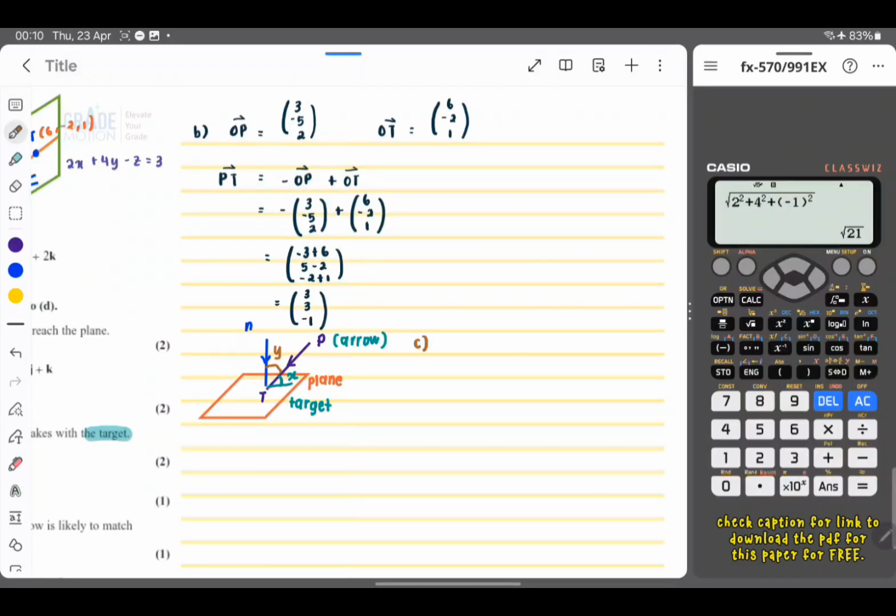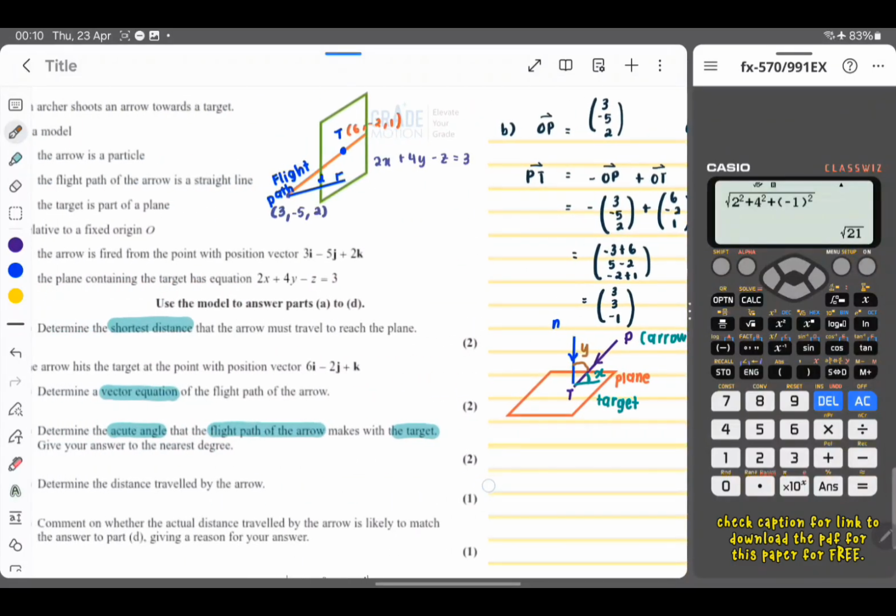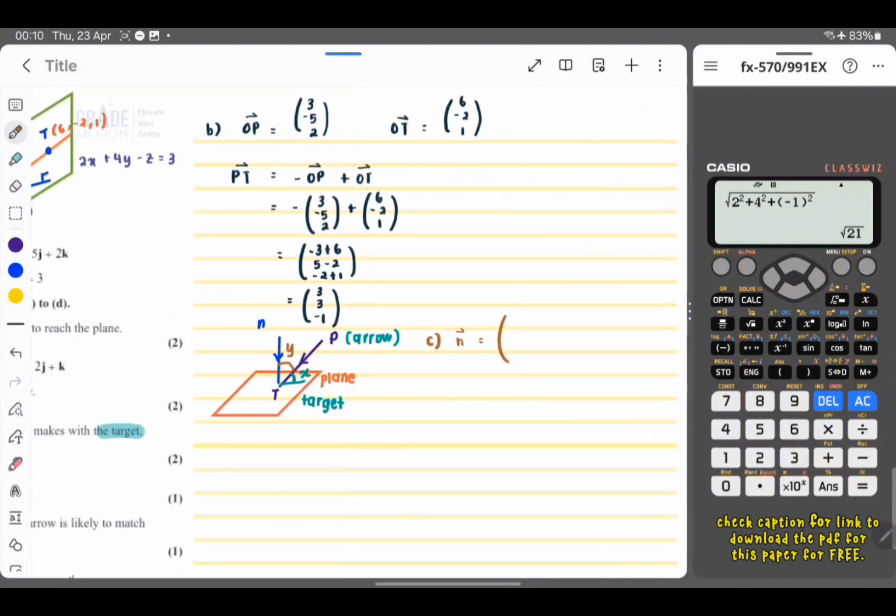So for C, what is our n? Our n is 2, 4, -1. And what is our PT from our previous question? It was 3, 3, -1.